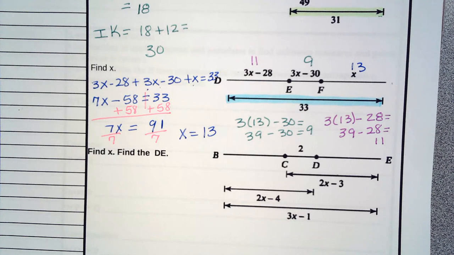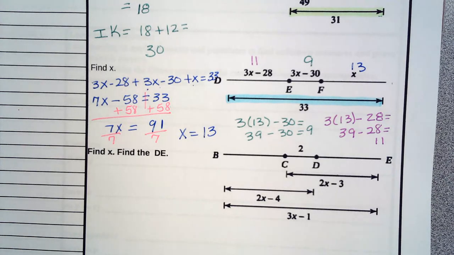Okay, pause the video again and see if you can figure out how to do this. As you're looking at this, what do you know and how do you use it?